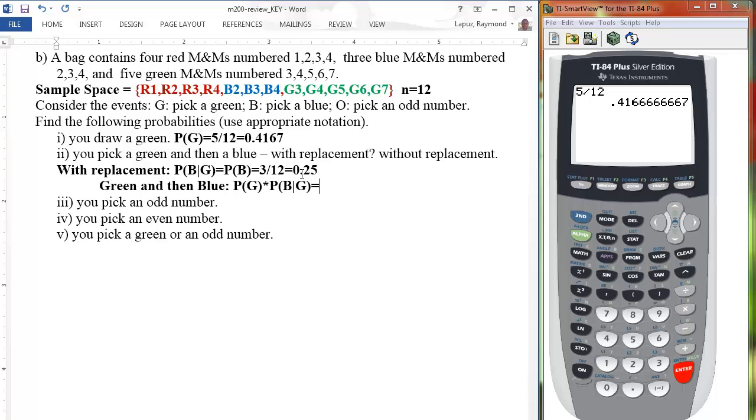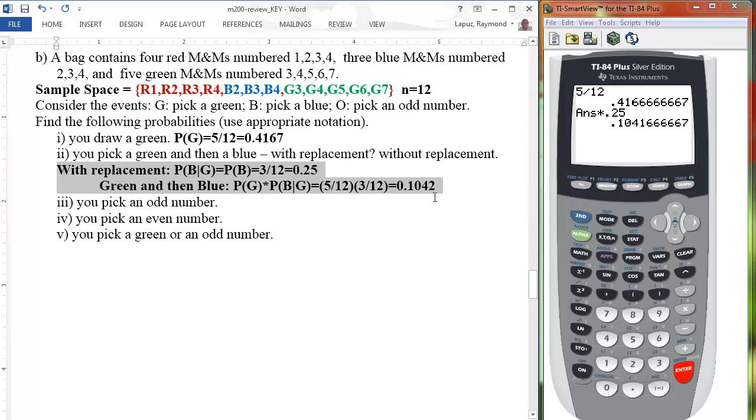So this is going to equal 5 out of 12, and then 3 out of 12. So that's 5 out of 12 times 3 out of 12, which is about 10%, 10.41. 0.1041, let's call it 42, rounded off to the 4th decimal place.